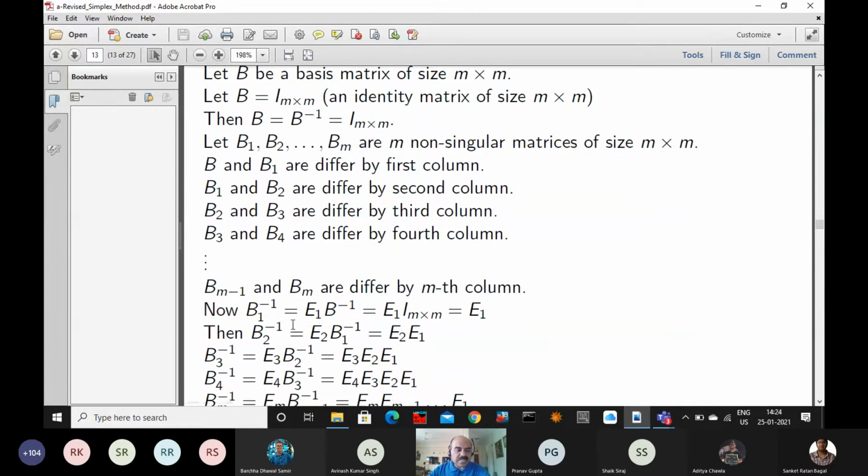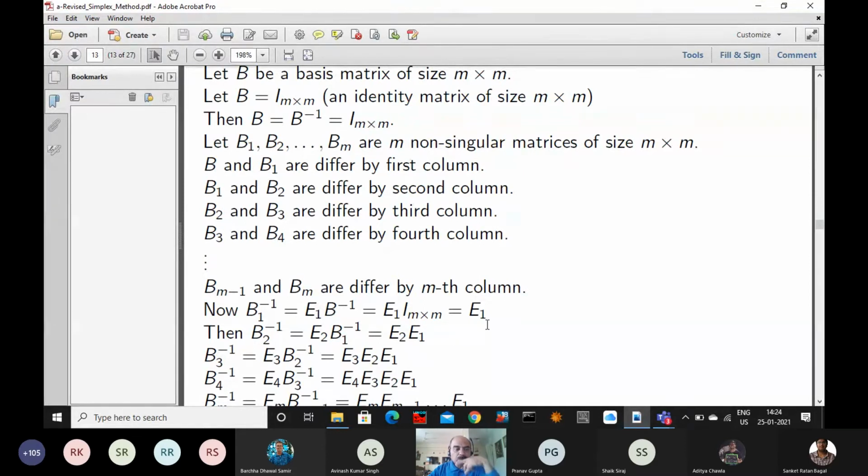I have written earlier that BC inverse equals some E matrix, let us say E1, into B inverse. What is B inverse? It is the identity matrix, so it will not change anything. Finally, we have E1.